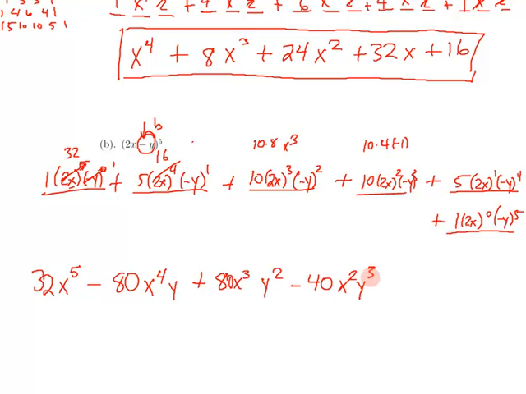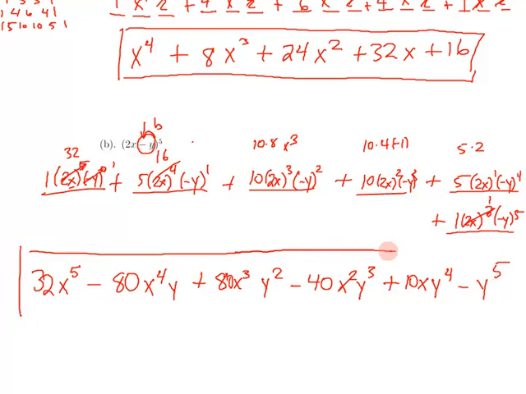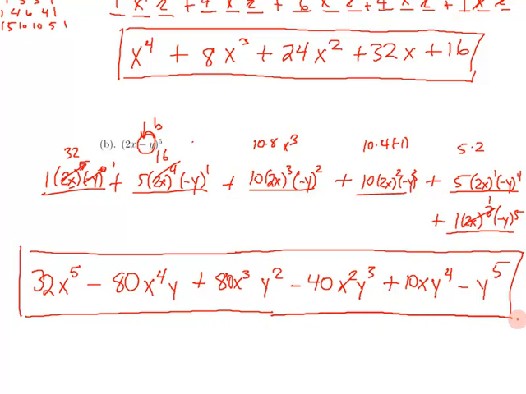Okay, that's going to be 5 times 2, and then I've got a positive 1 because negative 1 raised to the fourth is positive, so plus 10 x to the first, y to the fourth. And then the last one I've got, that's all raised to the 0 power, so it's all 1. I'm just going to have a minus y to the fifth. And there is your binomial expansion of 2x minus y all raised to the fifth power, an application of Pascal's triangle.